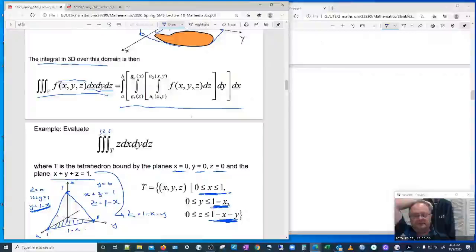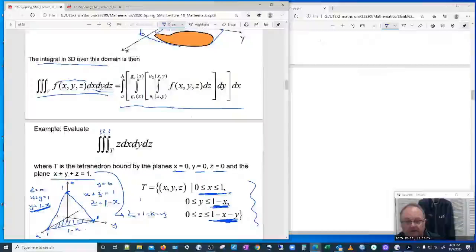I want to acknowledge up front that for you guys to put that out and organise that in that way is very, very difficult. You'd have to go through and think very carefully about your planes, your points of intersection, what your lines are, and all of that stuff together to generate this set of domain integrands. Once you've got that, then you can go ahead and put your integral together.